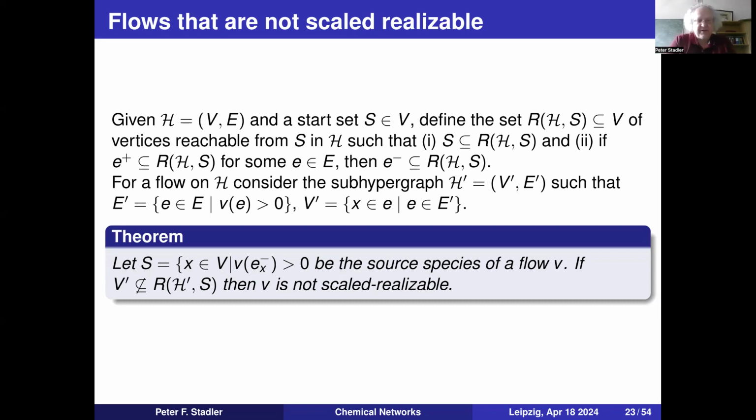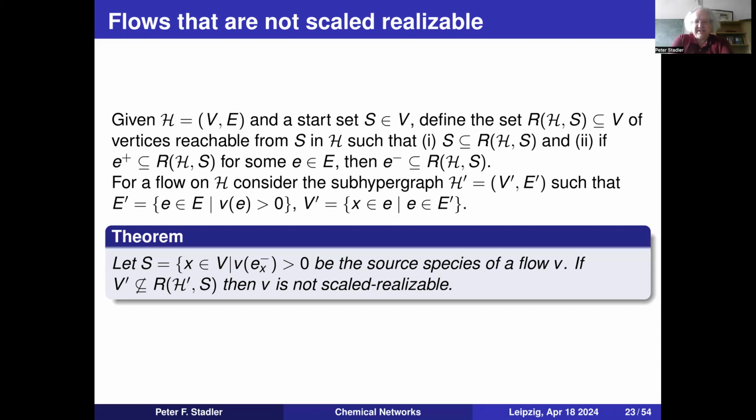If we have our network and H, which is our hypergraph of this network, and we start with some start set, which should be a subset here, then we define the reachable set from S as everything of the following form.